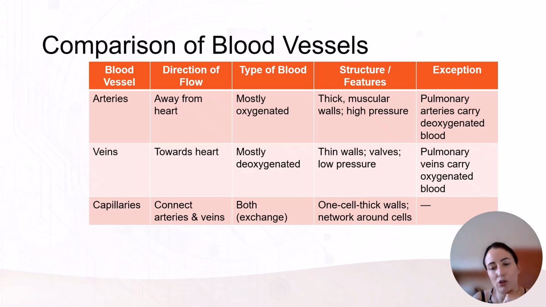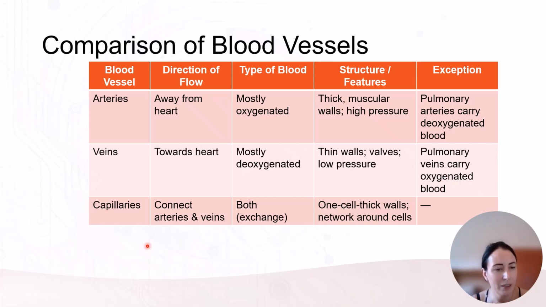So if we had to compare them, the arteries move away from the heart. They are carrying mostly oxygenated blood except for the pulmonary artery, there's the exception, and they have thick muscular walls at high pressure. Veins carry blood towards the heart, mostly deoxygenated. They have thin walls, valves, and the blood is at low pressure, except pulmonary vein, which carries oxygenated blood.